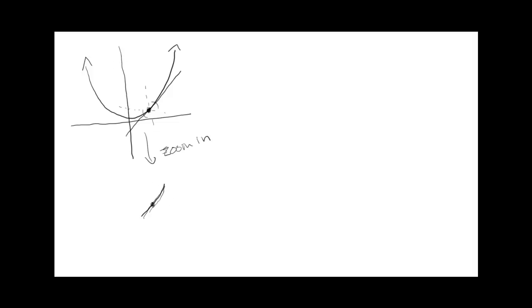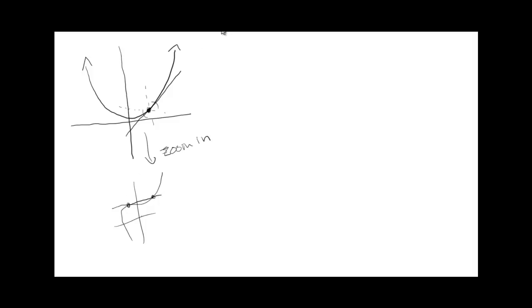Sometimes people define tangent as the line that passes through 1 point on the curve, which is not a good definition for 2 reasons. The first being, we saw in this example, there's lots of lines that pass through 1 point, but there's only one that follows the shape of the curve. And the other thing is sometimes you get curves like this. So what if I wanted a tangent at this point? Well, it's going to do this, but then it'll pass through it at 2 points, right?